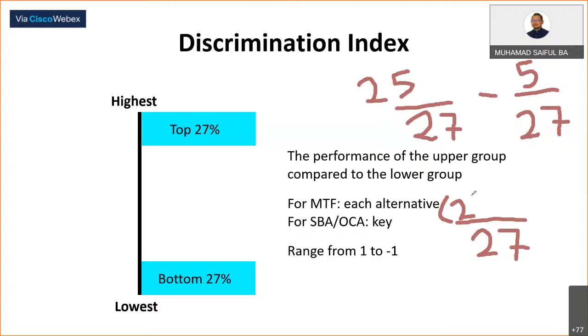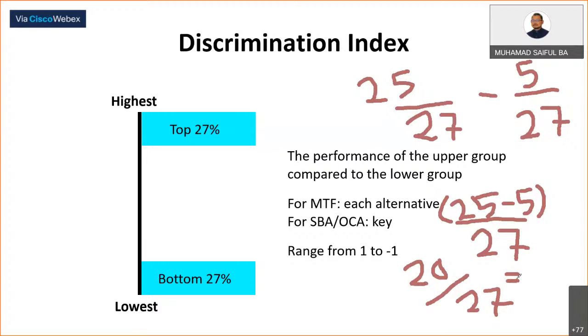That is just mathematics; correct me if I'm wrong. The formula is you just minus the lower performance from the upper performance, 25 minus 5, that is 20, over 27.